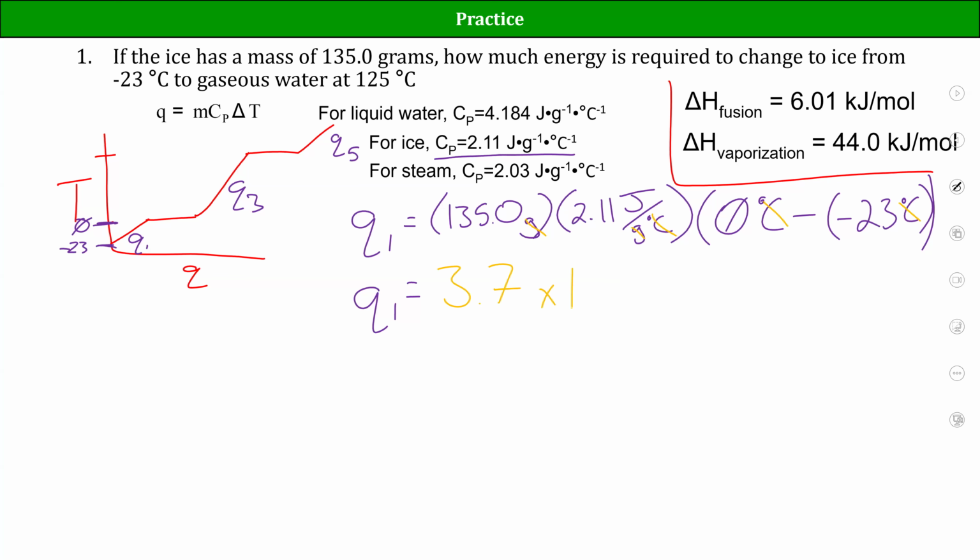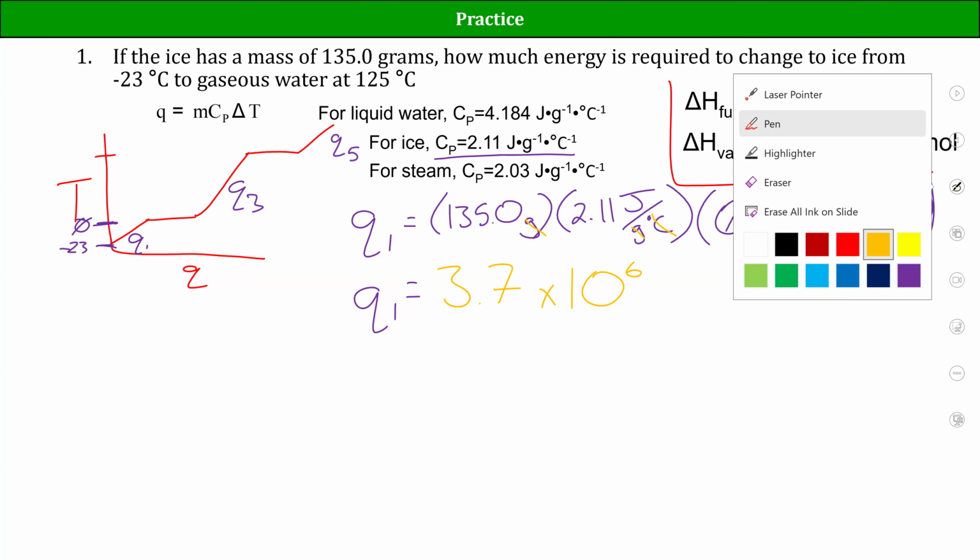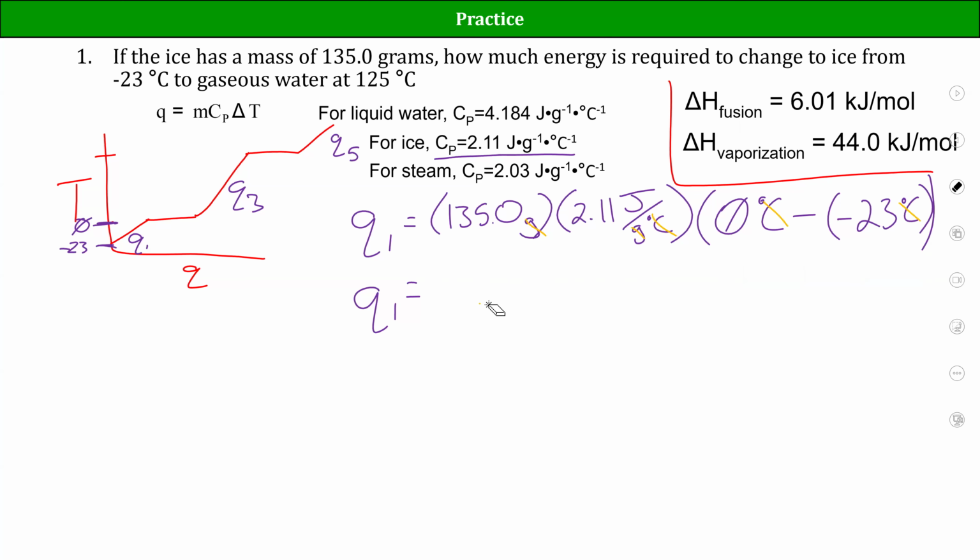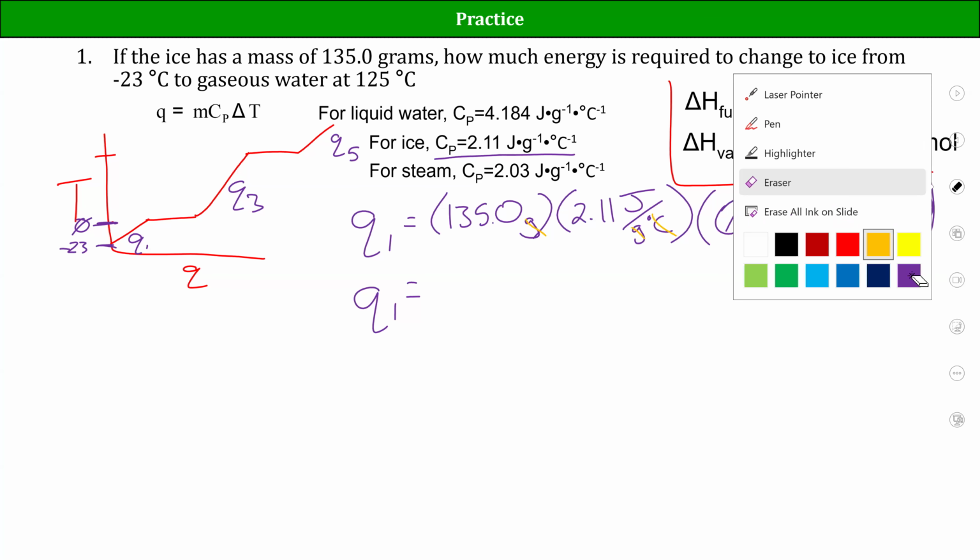Anybody else seeing that number? You got 6,000? Okay, that's more like it. This is why it's good to do that reasonableness check, and switch to a color that's easier to see too.